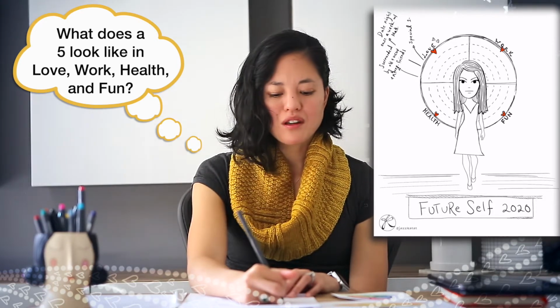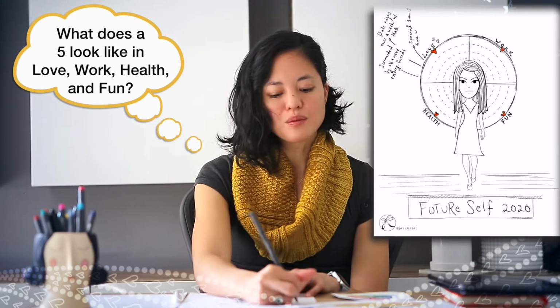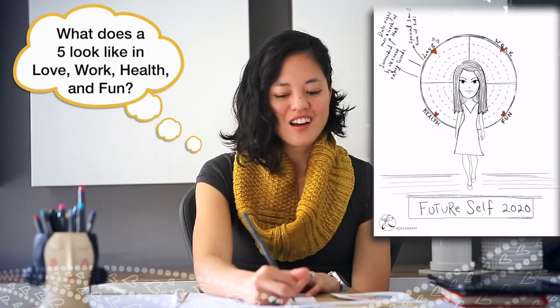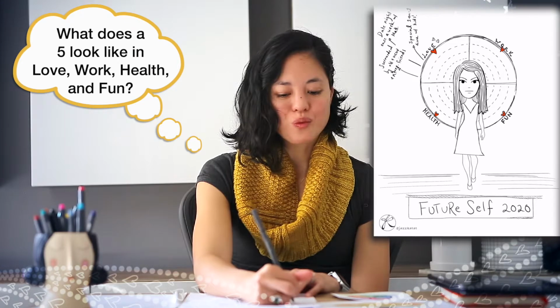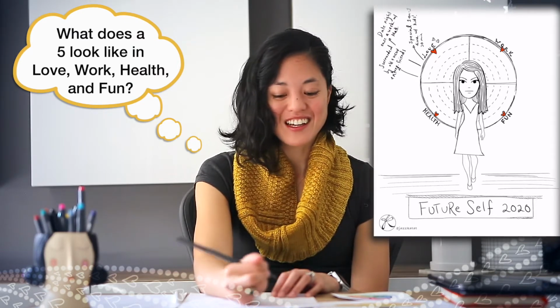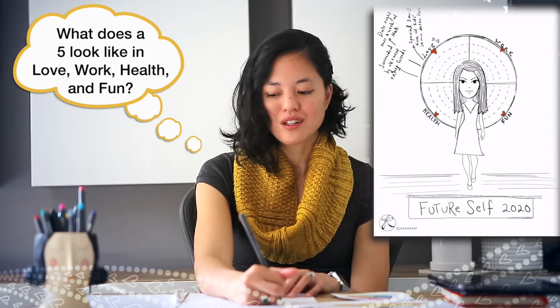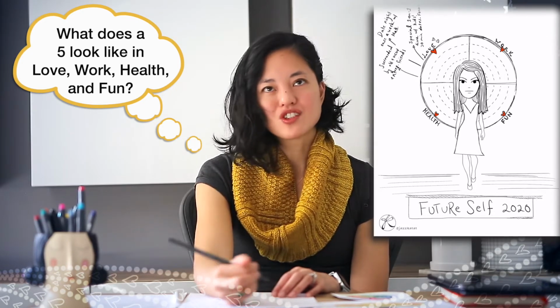And I'm going to put in, I go on date nights with my husband once a week. And it's no longer just once a year, to be honest, which is sad to say. But this is my future self. My future self's going on a date once a week. What else is my future self doing?